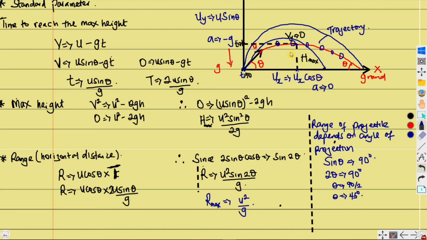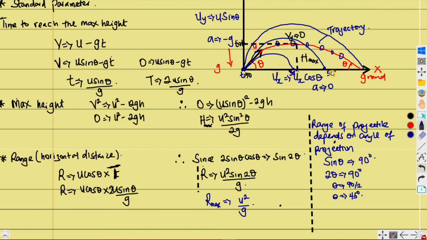Now we can also say, if we project another body at an angle that is complementary, what do I mean by complementary? The sum of angles that are complementary in trigonometry is that you can add them together to give 90 degrees. So if this was projected at an angle of 52 degrees, and I have another one projected at an angle of, let's say, 38 degrees, they should be complementary like that.